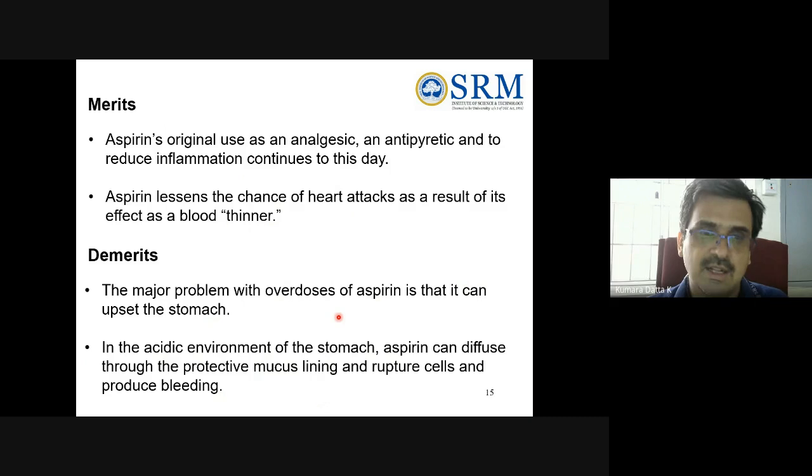So these are the points on how aspirin is synthesized, where it is used, and what the problems are.